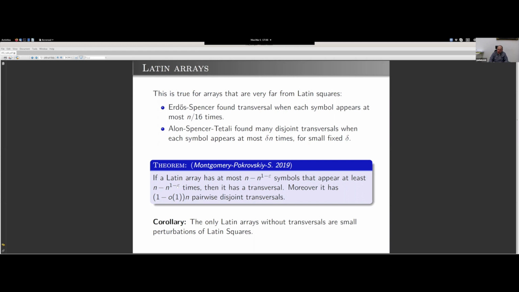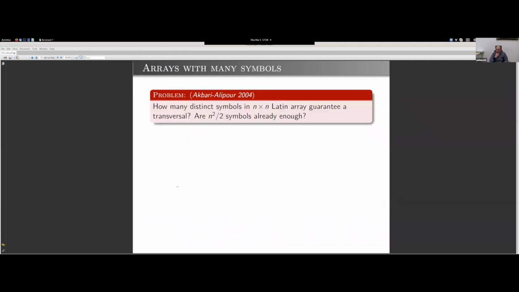Okay. So another question, which I find very interesting about Latin arrays, is the following question of Akbari and Alipour. They ask, given a Latin array, how many symbols should it have, just from the sheer fact that it has many symbols, to guarantee a transversal. And in particular, they ask, are n squared over 2 different symbols enough?